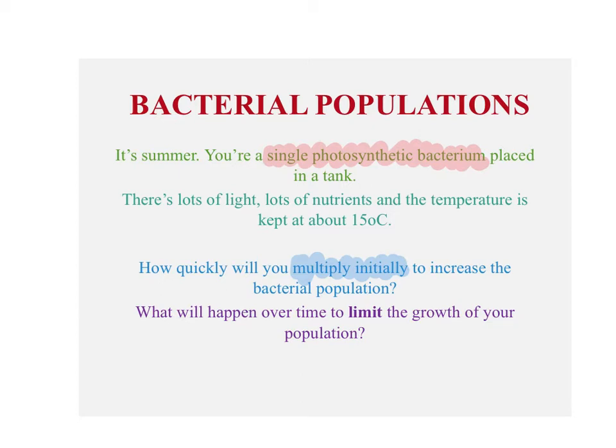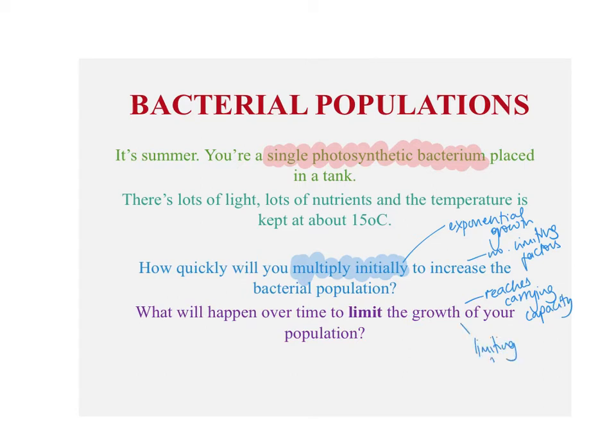Now initially, you should have said that there will be a phase of exponential growth because there are no limiting factors. However, when the population reaches the carrying capacity, then we've got the influence of those limiting factors in action.